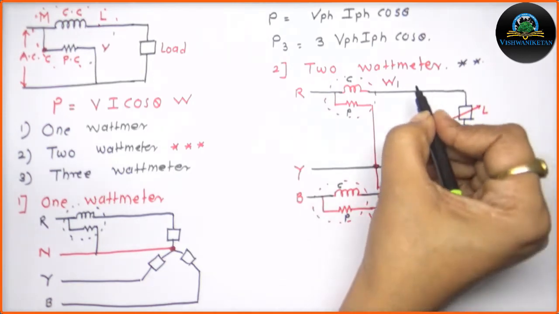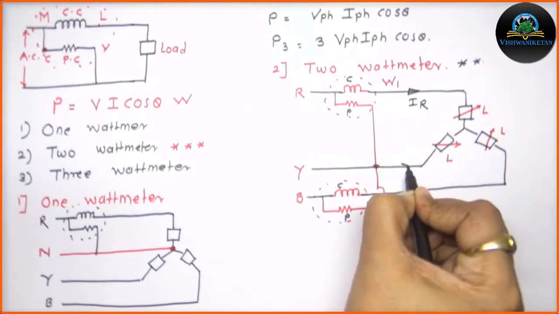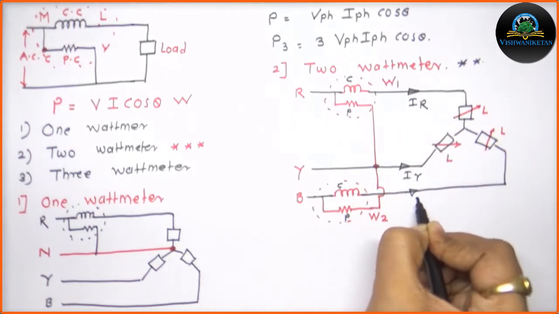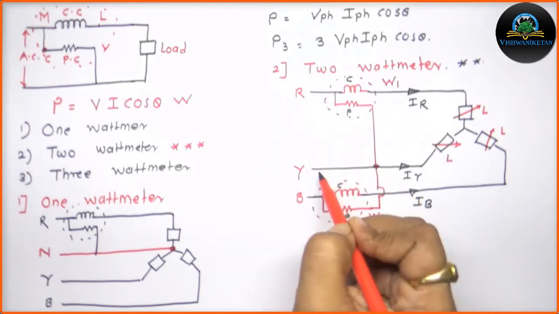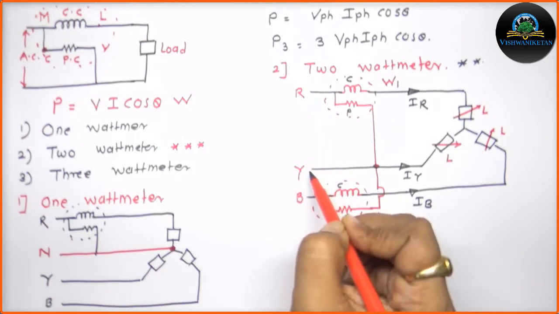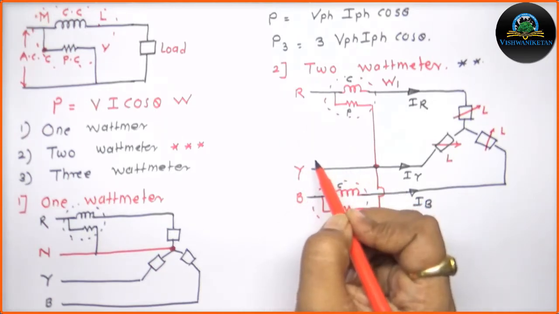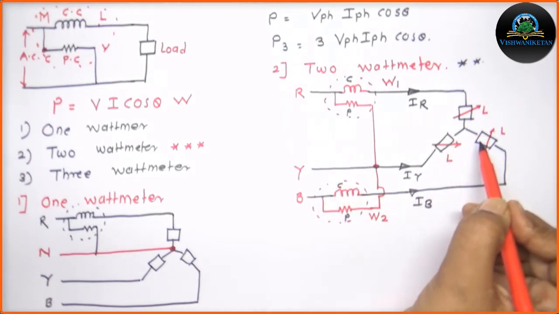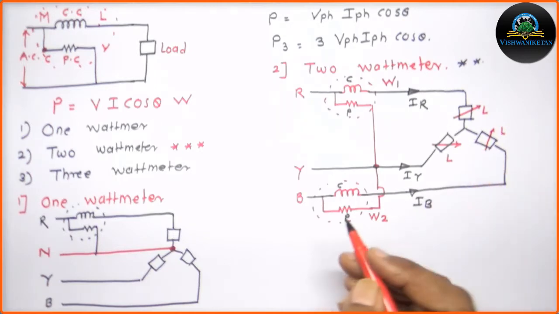Now the current flowing through this phase is IR, this will be IY and this will be my IB. Now the voltages measured across these two lines will be VRY, VYB and VBR because I have taken the sequence RYB. I am using the star connection, so I have to follow the rules of the star connection.